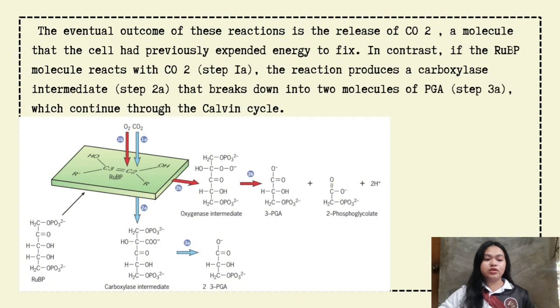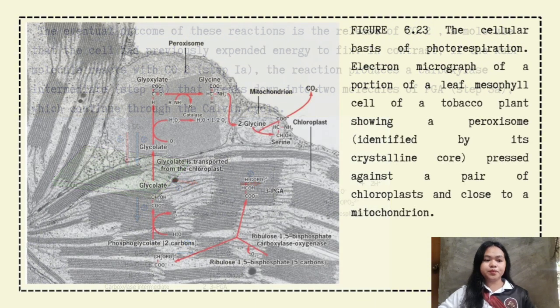The eventual outcome of these reactions is the release of carbon dioxide, a molecule that the cell had previously expended energy to fix. In contrast, if the RuBP molecule reacts with carbon dioxide, the reaction produces a carboxylase intermediate that breaks down into two molecules of PGA, which continue through the Calvin cycle.